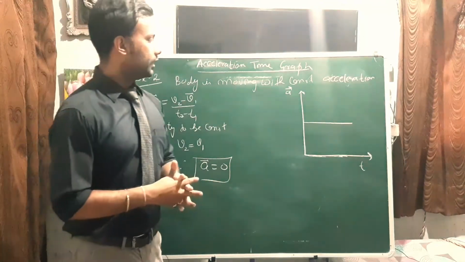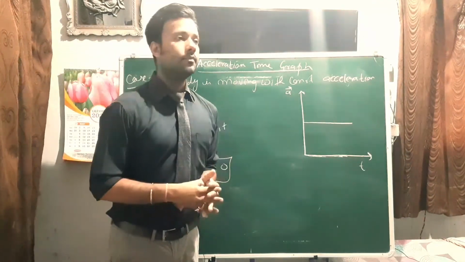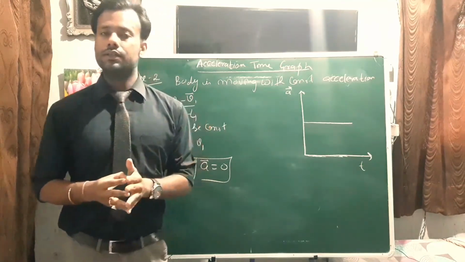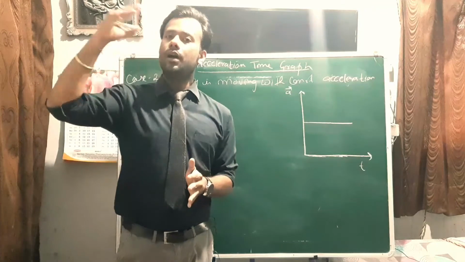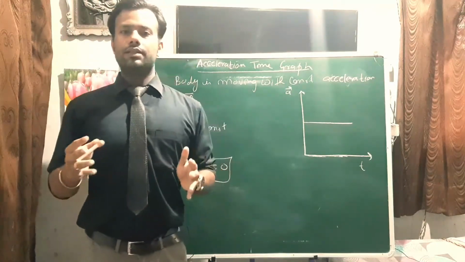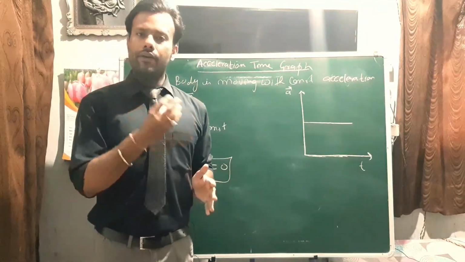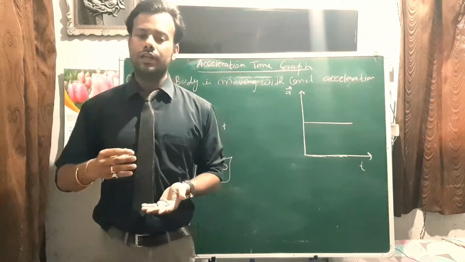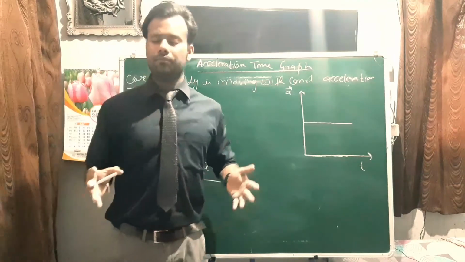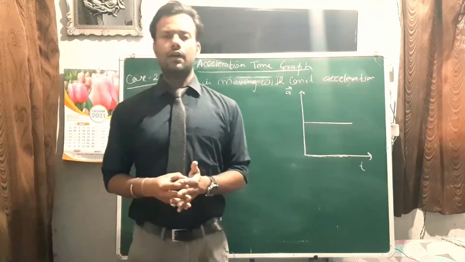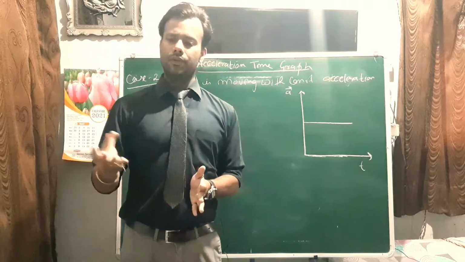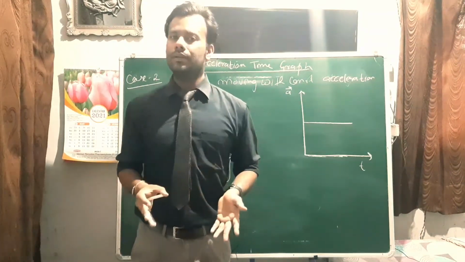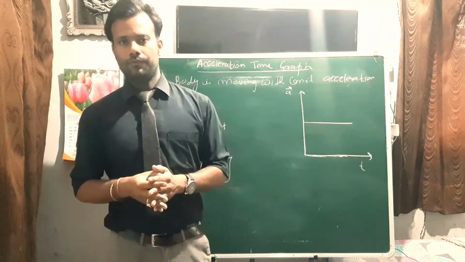Okay, it is constant. For example, let's say a body is falling freely from some height, so that body is acted upon by gravitational force, which can be taken as constant for that height. Basically the value of gravitation changes with height, but this change can be taken as negligible if the height is small.